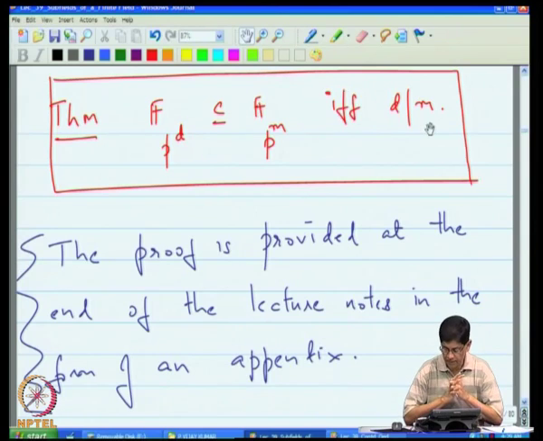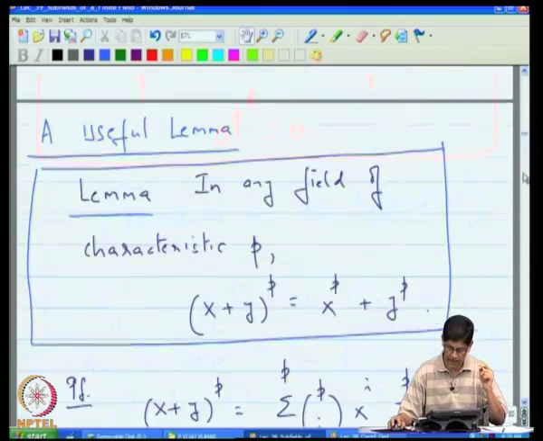Now, I have skipped the proof of this theorem in the main text. The proof in complete form appears in the appendix. What do I mean by an appendix? Well, I took the liberty of putting it towards the end of your lecture notes.